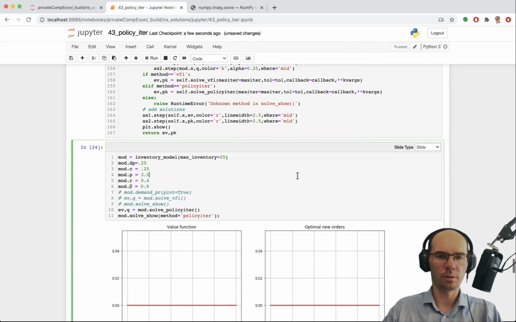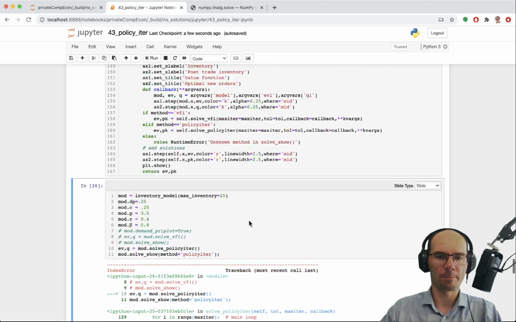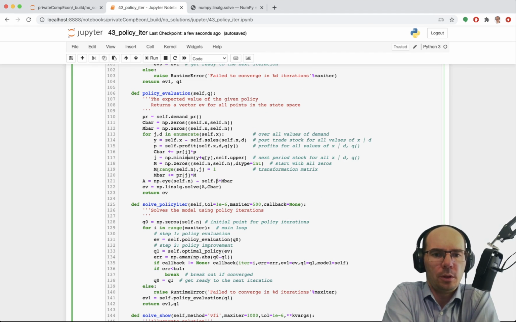Okay, let's test this. Bugs. Arrays used as indices must be of integer or Boolean type. So this is here, self n. So j is not of integer type. Let's see why. So j must be of integer type. Y is self x minus self sales, x and d.